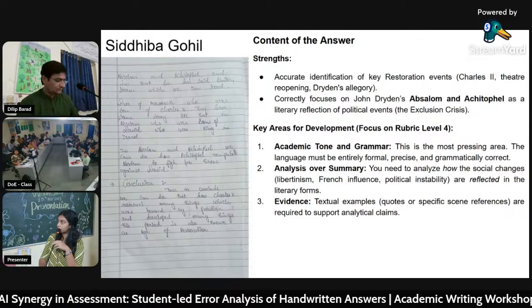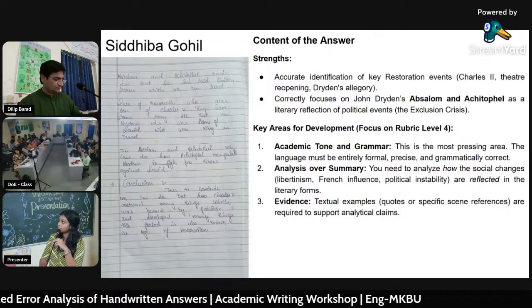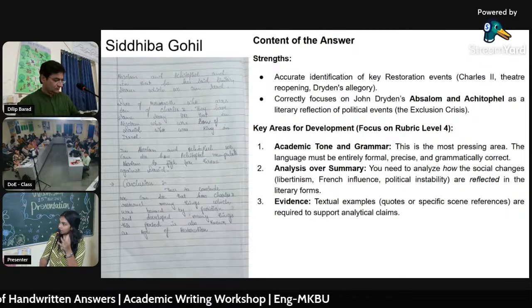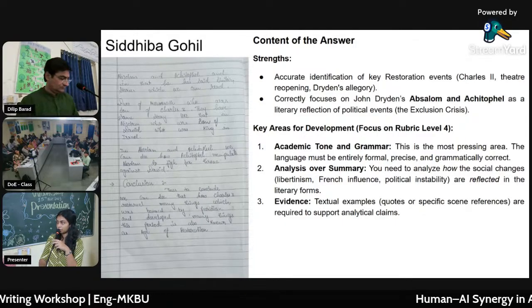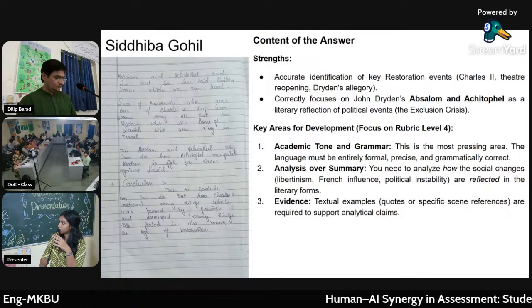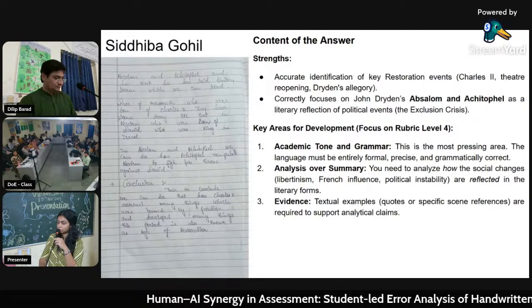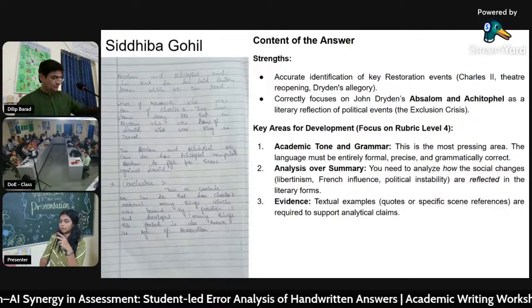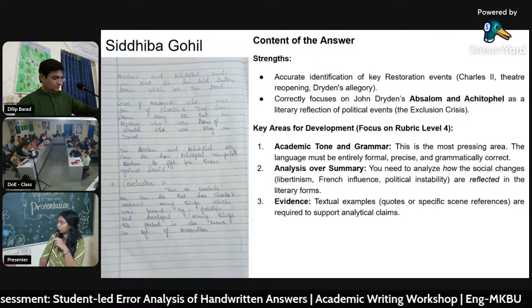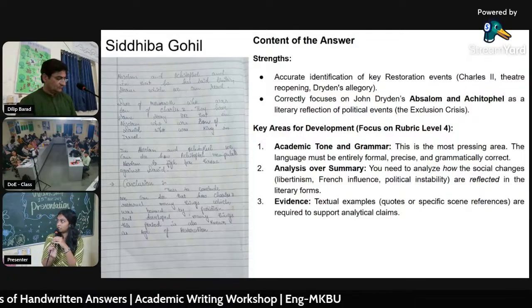Language must be entirely formal, precise, and grammatically correct, which is lacking. She also needs analysis over summary. She has to analyze and not summarize, and include some social examples which highlight the social changes. Textual examples as evidence are needed, quotations or references which can support the analytical claims. Next slide.